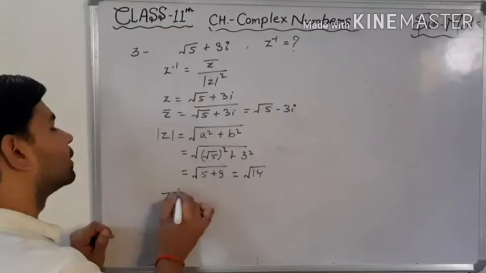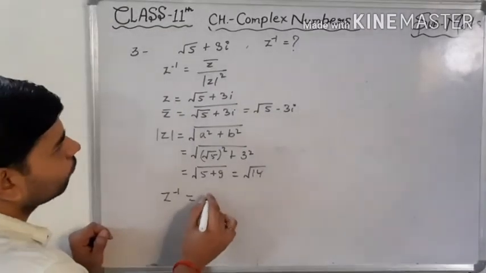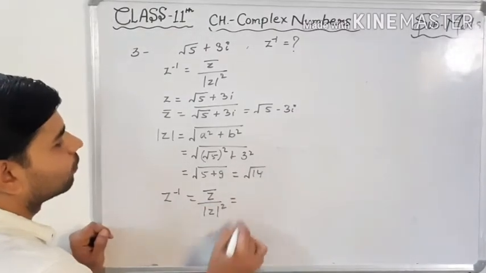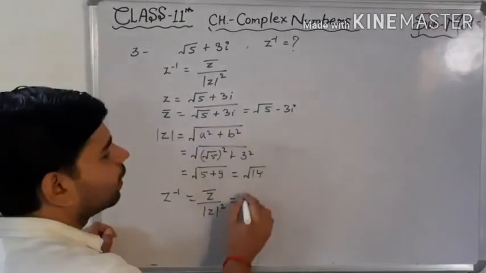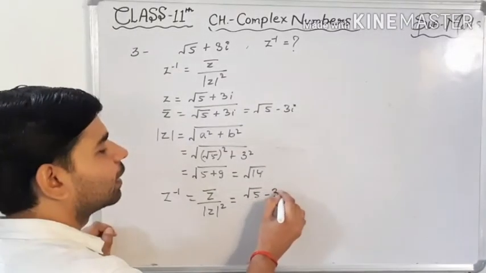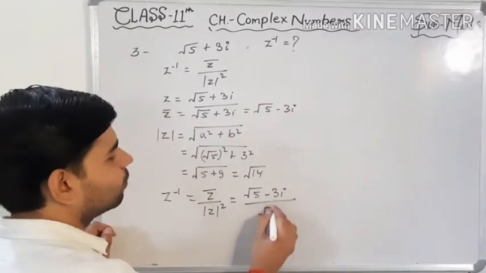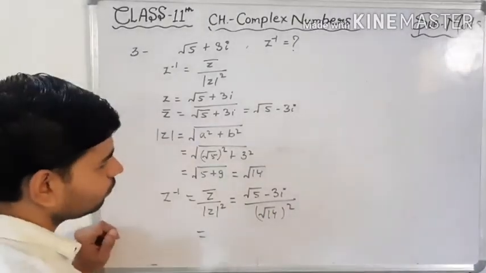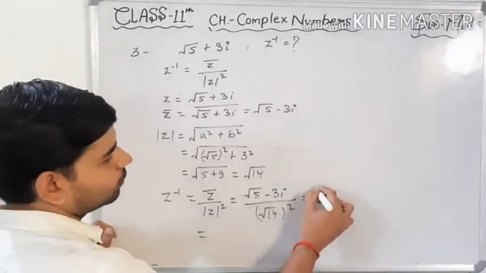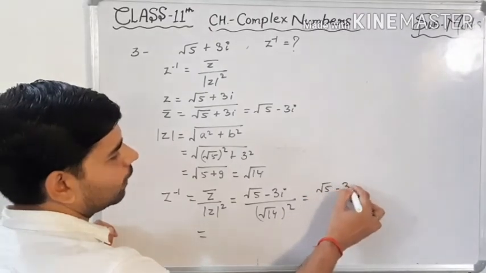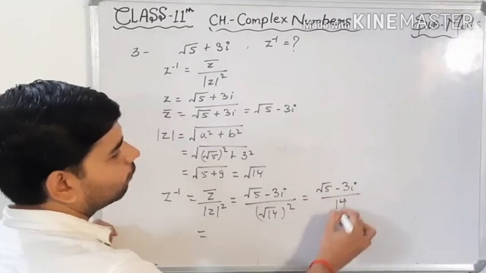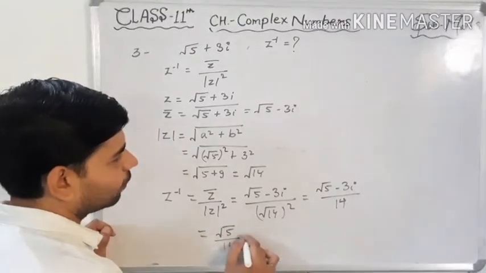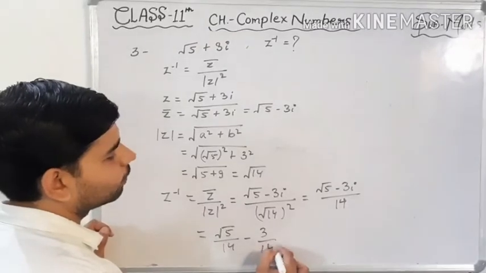Now z inverse is equals to conjugate of z upon mod of z square, equal conjugate of z is under root 5 minus 3i upon under root 14 whole square, equal under root 5 minus 3i upon 14. Now z inverse is equals to under root 5 upon 14 minus 3 upon 14 i.